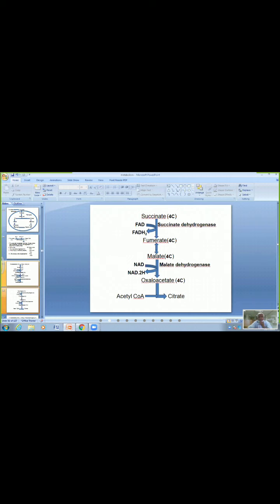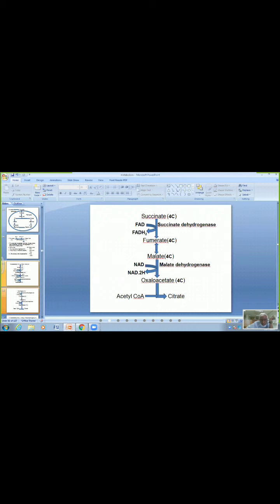That means fumarate can be converted to malate, and malate can be converted to fumarate. Only some isomerase is required. This is not so important. This is a bidirectional pathway. Malate is also a 4-carbon compound, and fumarate is a 4-carbon compound.